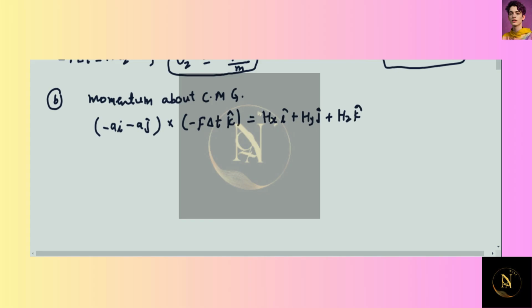Taking the cross product on the left hand side, you will get aF delta T i cap minus aF delta T j cap is equal to Hx i cap plus Hy j cap plus Hz k cap.